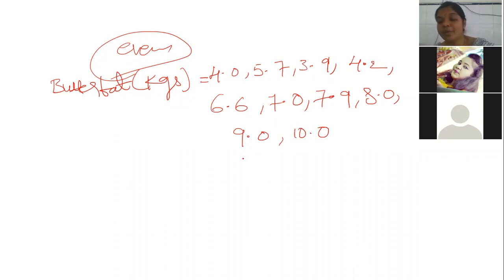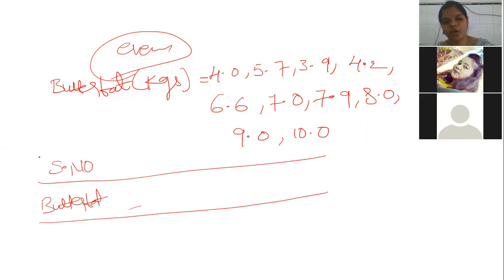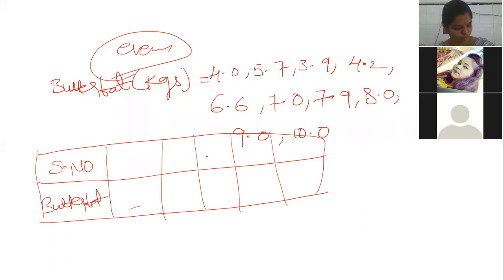So you just make a tabular column with serial number and butter fat. Make it like a row in this manner to reduce your paper usage. Write down serial number 1, 2, 3, 4, and so on. Then write down the values.